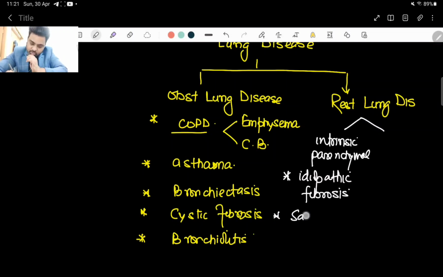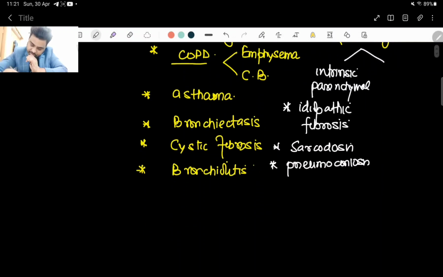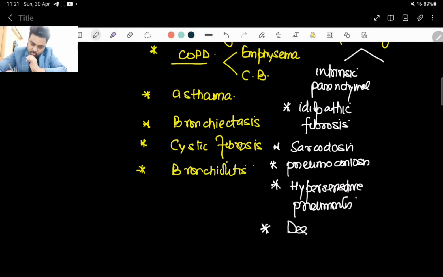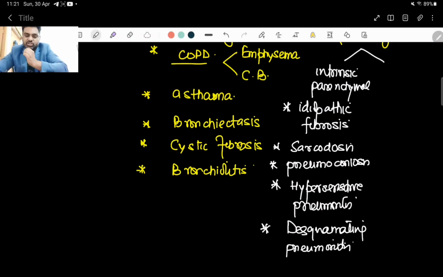Other causes can be sarcoidosis, pneumoconiosis, then there can be hypersensitivity pneumonitis, then there can be desquamative pneumonitis. The complete name is desquamative interstitial pneumonitis. These are the intraparenchymal diseases.